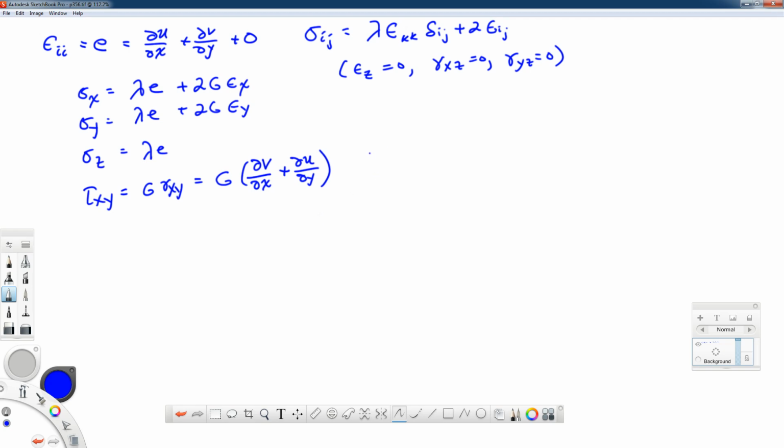And of course, our shearing stresses tau xz and tau yz would both be equal to 0 since the respective shearing strains are equal to 0.